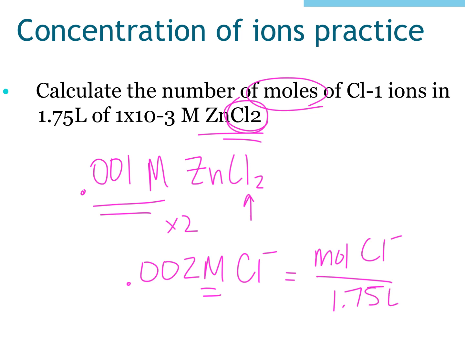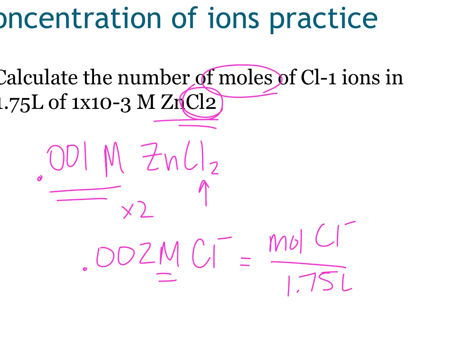Right? 2 pathways, and we're doing the same work. We're just doing them in a different order. So really, whatever way you want to do it is completely fine. Okay, so I would take 1.75 times 0.002, and I get 0.0035 moles of Cl minus.